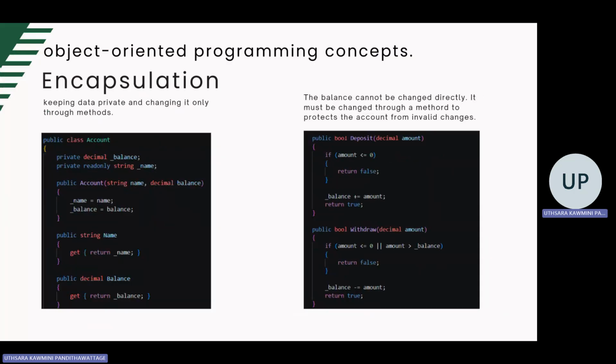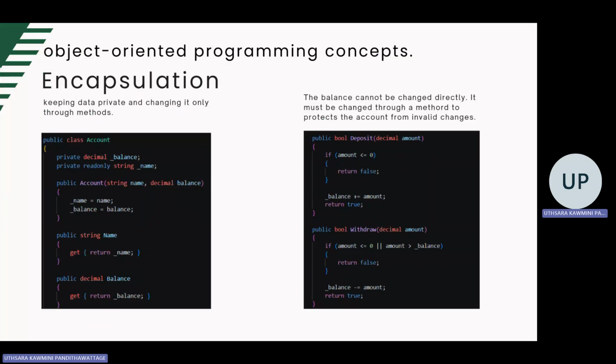This allows the program to treat all transaction types generally as a Transaction object. The second object-oriented concept is encapsulation. Encapsulation means keeping the data private inside the class and controlling access through methods and properties. As you can see, in the Account class, the balance is stored in a private field, like private decimal balance. Other classes cannot directly change the balance. They must use methods like Deposit and Withdraw.